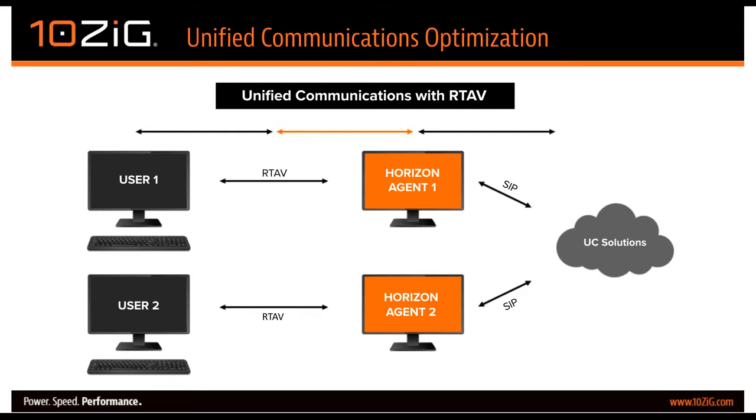So whilst VMware, as you can see in this particular slide, has the long-standing RTAV, or as it's short, real-time audio video compression, to support and improve such solutions, it's less than ideal.